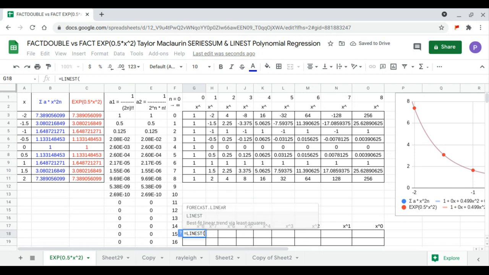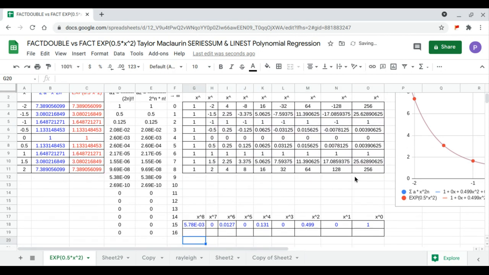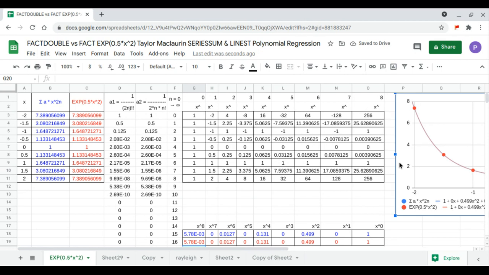So Linest data y, that's for the expansion, and data x. And actually, the function itself, data y and data x. And let's compare.